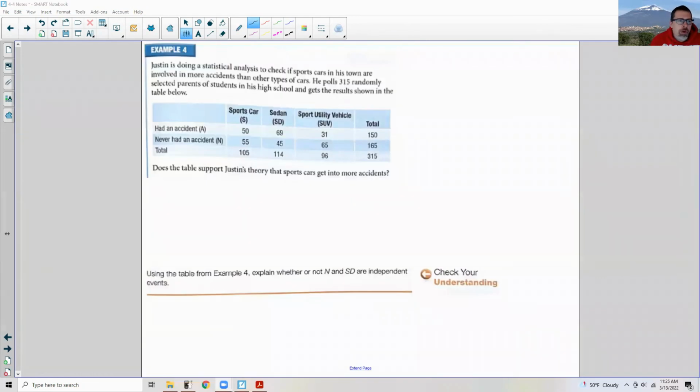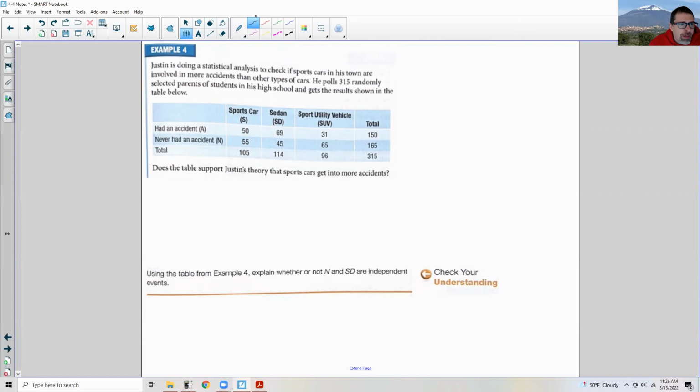Okay, example 4 says Justin is doing a statistical analysis to check if sports cars in his town are involved in more accidents than other types of cars. He polls 315 randomly selected parents of students in his high school and gets the results shown in the table below. Does the table support Justin's theory that sports cars get into more accidents? So what we need to do is determine if this is an independent event or an associated event.